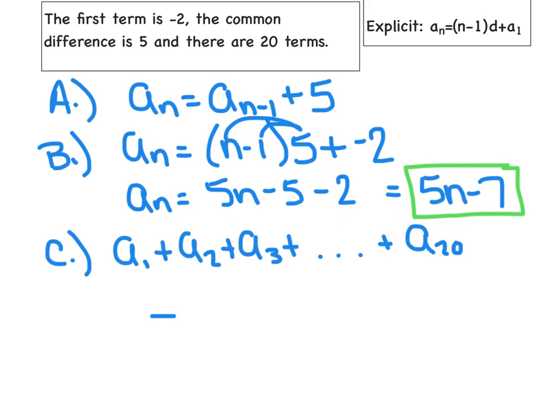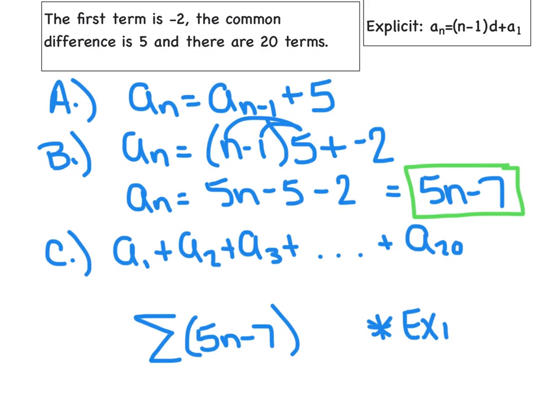And it involves using summation notation that we talked about last night. I'm always going to use the explicit form right here. Make a special note of that in your notebook. We're always going to use the explicit form to describe the nth term. We start with the first term, n equals 1, and keep adding each of those terms up until we get to the 20th term.